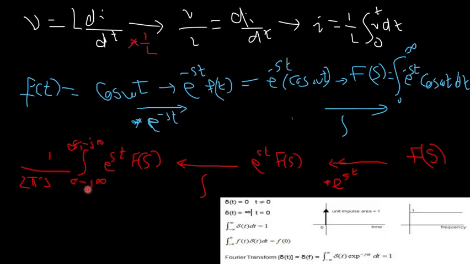This is reached by defining the integration limit from sigma minus j infinity to sigma plus j infinity. I'm sorry, this is positive. And by multiplying by 1 over 2 pi j, which will allow us to get rid of the imaginary components, allowing us to have a function in the time domain with only real components.